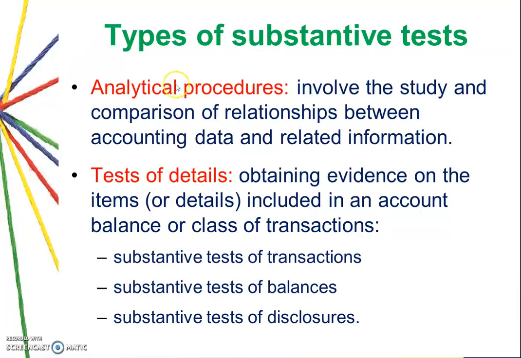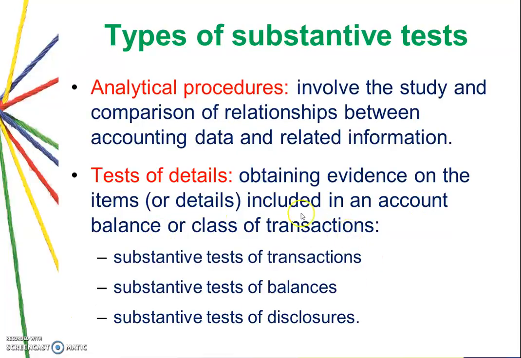One is the analytical procedure, which, as I mentioned before, is to obtain evidence. It is similar to the preliminary assessment, but it needs to provide more critical, more logical evidence by comparing the relationship between the accounting data and all the related information the auditor has obtained. Test of details is obtaining evidence on the items included in the account balance or class of transaction.